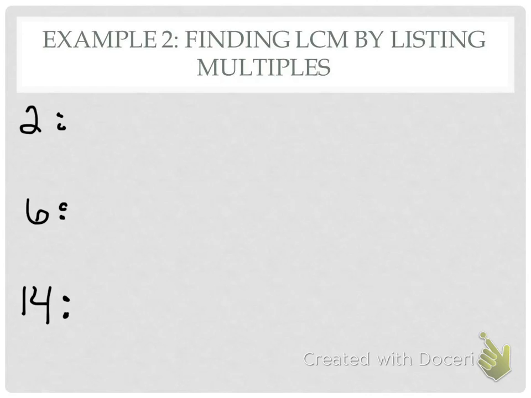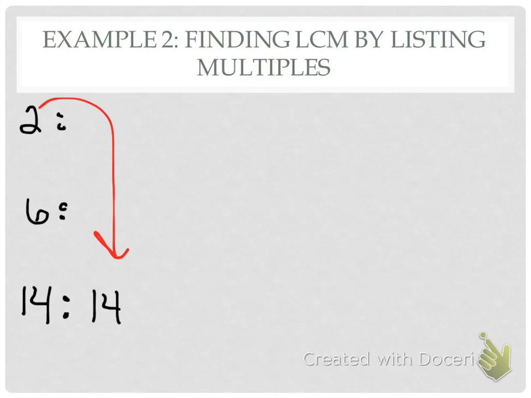Whenever you're finding LCM by listing multiples, always start with the biggest number, because along the way you can ask yourself if the other numbers can go into it. So for 14, the first multiple is 14. Does 2 go into 14? Yeah, but does 6?